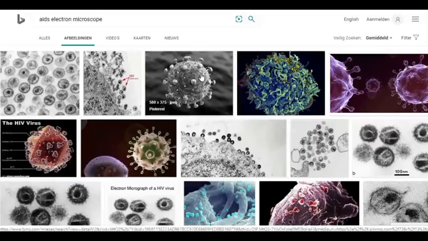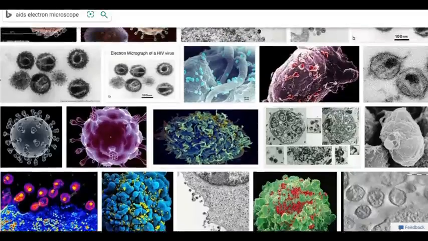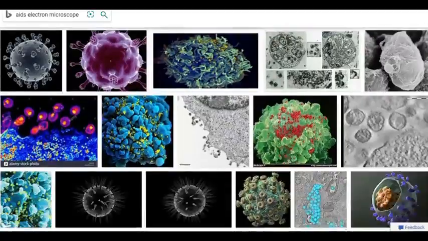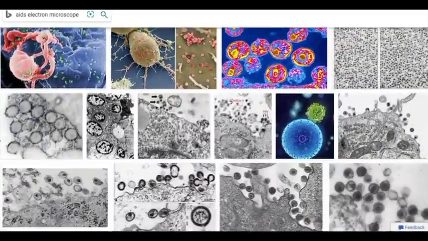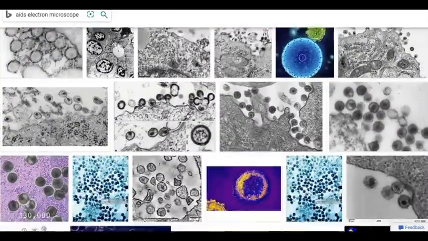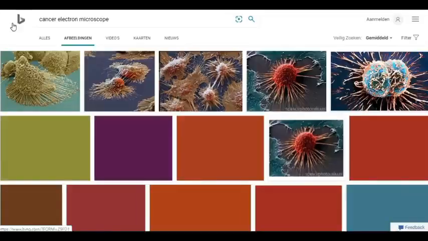Electron microscope. Same trash, CGI or destroyed material. Cancer, electron microscope.